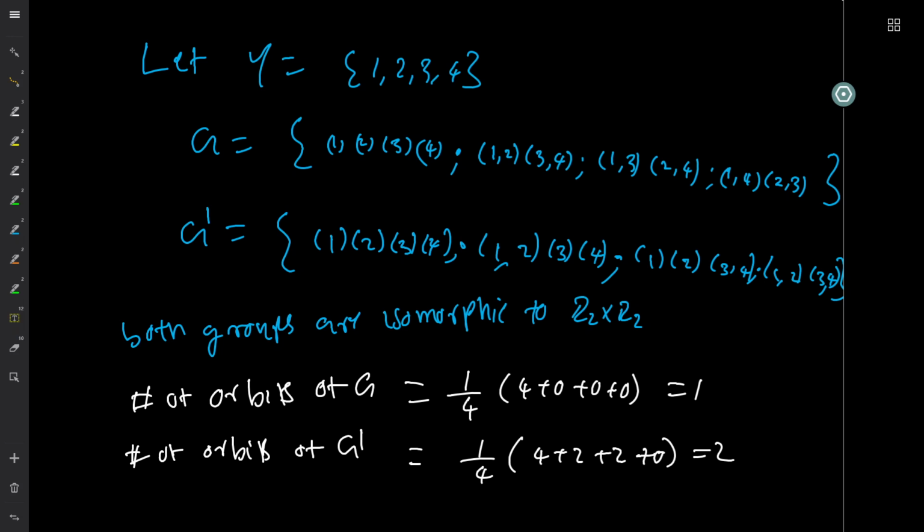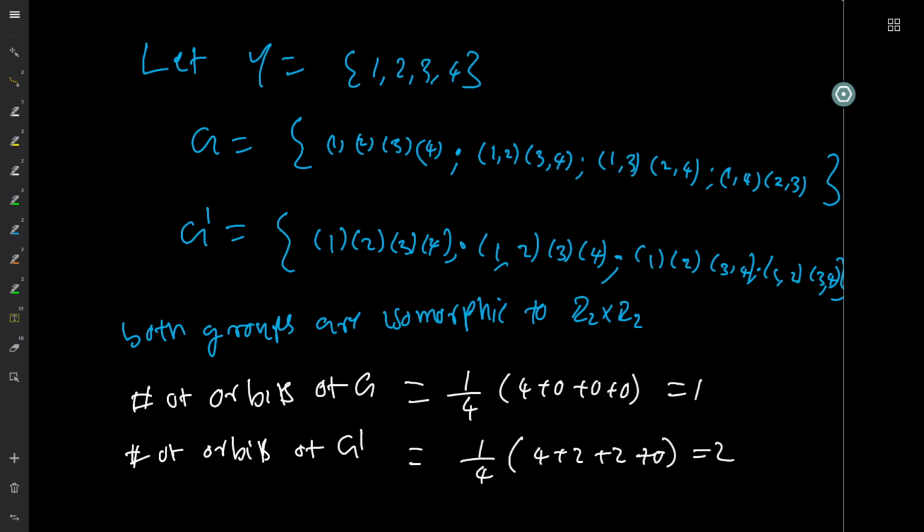And G' is the group again with identity, then (1 2)(3)(4), then (1)(2)(3 4), then (1 2)(3 4). So as abstract groups, they are isomorphic. Both are isomorphic to Z2 cross Z2. But as we observed earlier, the action will be different because the cycle structures are different.